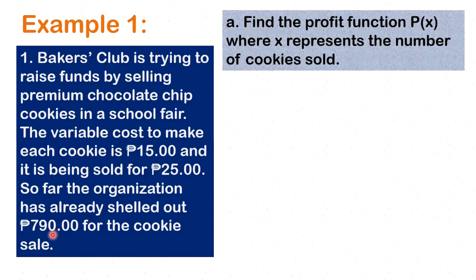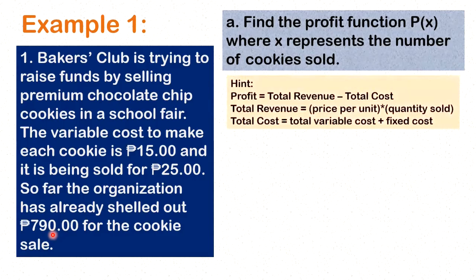Okay? Pero, kung wala kayong idea about profit, meron namang hint dito. Sabi dito, the profit is equal to the total revenue minus the total cost. Don't worry, kung hindi pa rin kayo familiar dun sa total revenue at saka total cost, nakadefine naman dito. Sabi dito, yung total revenue, that is the price per unit.